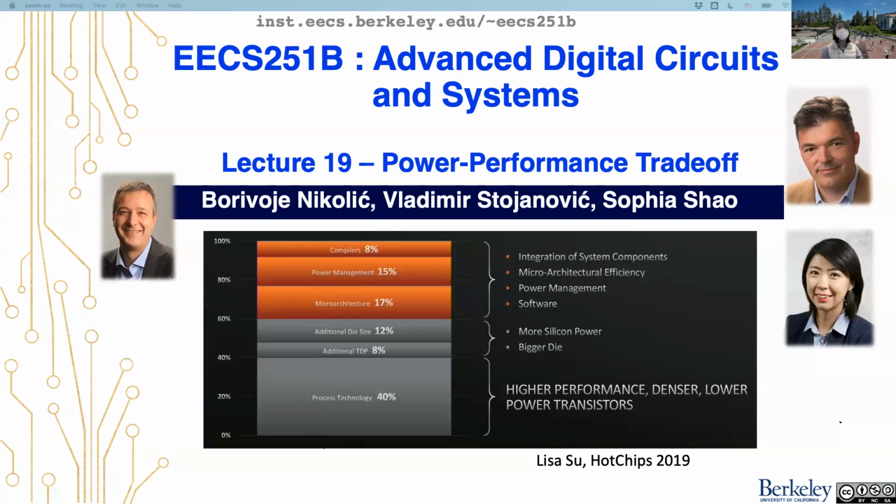Looking back at the past 20 years, a lot of the innovations in both architecture research and circuit research were about how we can do better power management. So that's one of the biggest pies, especially when we think about the orange space, considering what we can do in hardware and circuit.